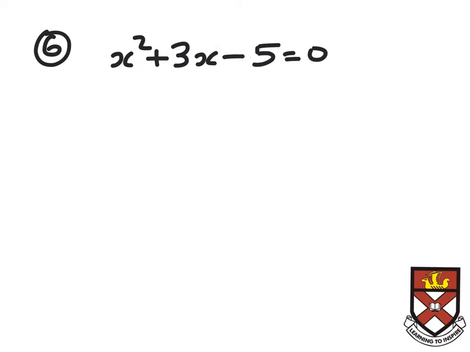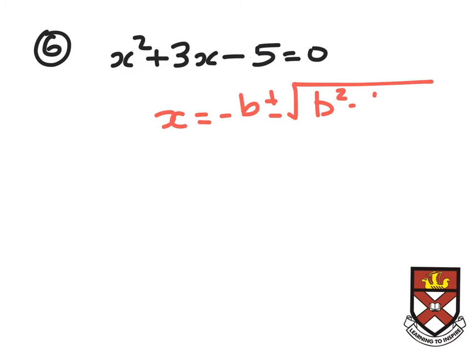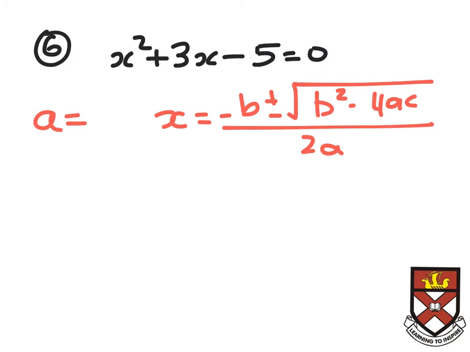Question 6, that's the one where we need to use the formula negative b plus or minus square root b squared minus 4ac all divided by 2a. So identify your a, b and c.